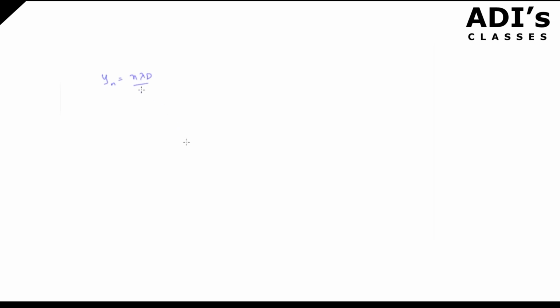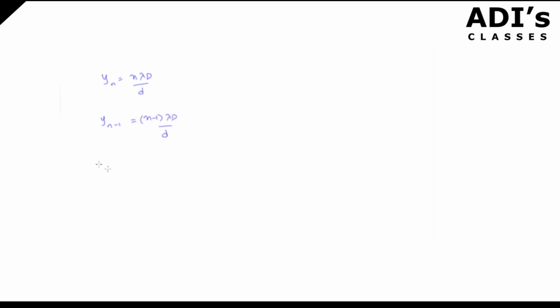Here also you can take the value of n to be 0, 1, 2, and so on. These give the position of the dark fringe. So we have got the positions for the bright fringe and for the dark fringe.